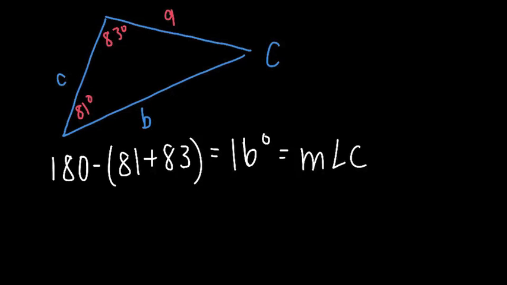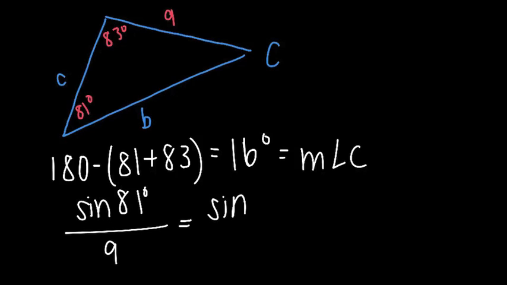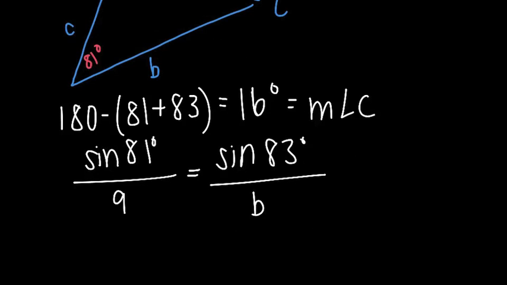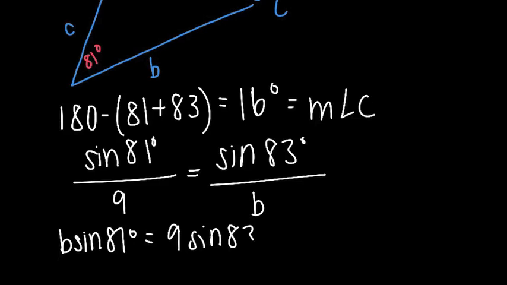So sine of angle A, which is 81 degrees, over side A, which is 9, equals sine of angle B, which is 83 degrees, over side length B. Then cross multiply and divide both sides by sine of 81 degrees.